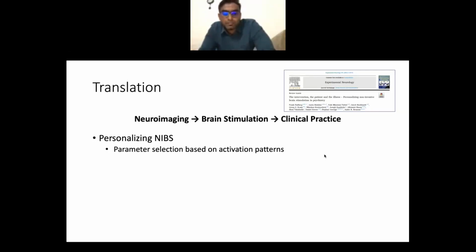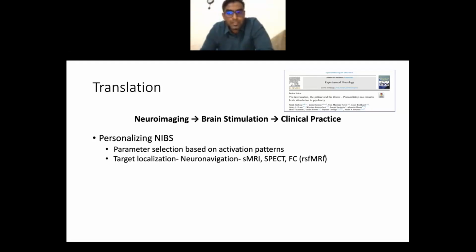And then the parameter selection can be based on the activation patterns that I have shown in functional connectivity. If the functional connectivity in an area is higher, we choose an inhibitory protocol. If the functional connectivity or the activity patterns are a little lower, we can choose accelerated protocols. Then also in target localization, there is quite a bit of personalization.